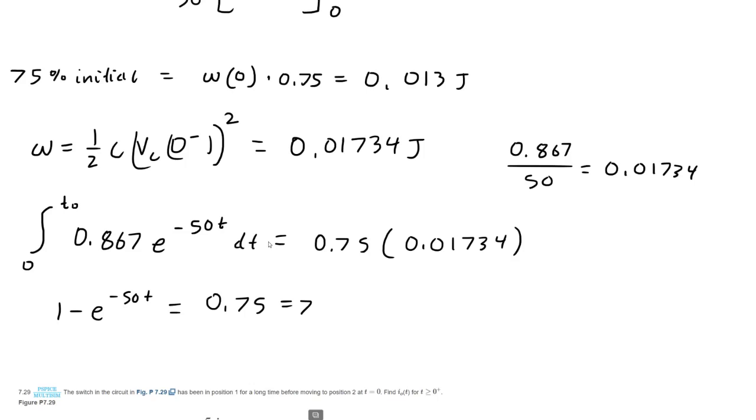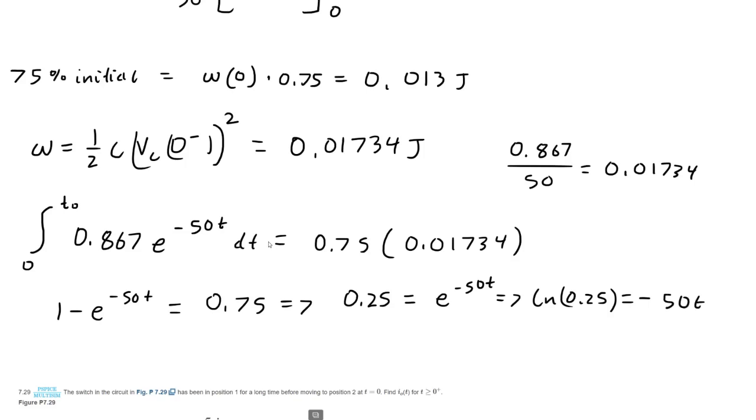So I get 1 minus, I'll just say it's a quarter, so 0.25 equals e to the minus 50t. I'm going to take the log of both sides. So the ln of 0.25 is going to equal minus 50t.